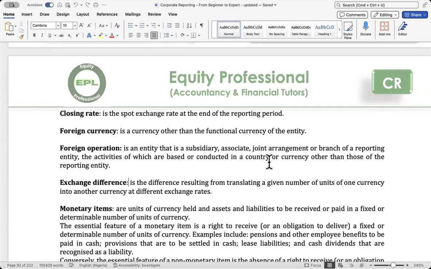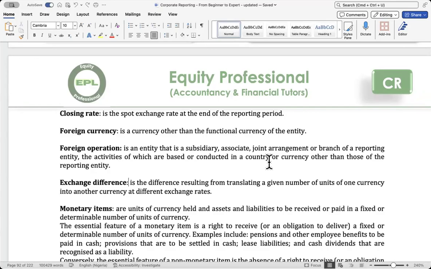If you're looking at it from the angle of translating a foreign operation, if you are translating a balance sheet and you're not translating it at the same rate for all items, it will not jive. There will be an exchange difference. If you're looking at a spot transaction that you consummated and translated to Naira, and the date of settlement is different from that day, and when you're settling, the exchange rate has changed again, things will not jive.